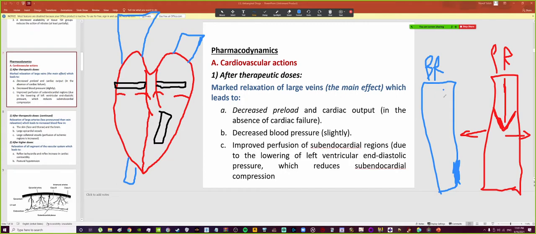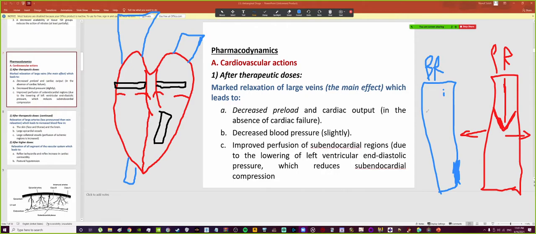Now, is there stasis of blood? No, it's just going to flow much more slowly. It usually carries deoxygenated blood, except in the form of pulmonary veins, which carry oxygenated blood. When there is vasodilation, there's increased blood flow in the artery.